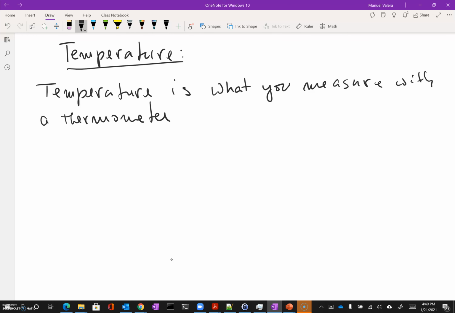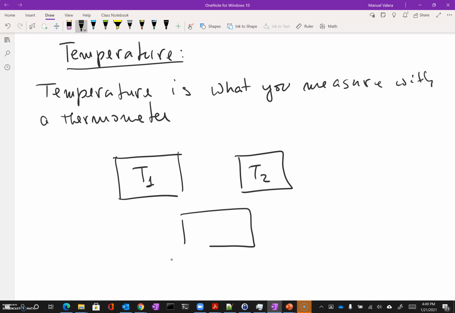If you take two objects, right? So one has a temperature T1 initially, and then the other has a temperature T2, and then you bring them together. So you put them in contact, then they are going to reach the same temperature.